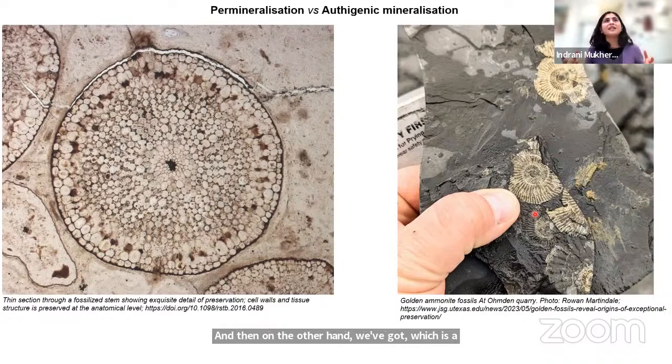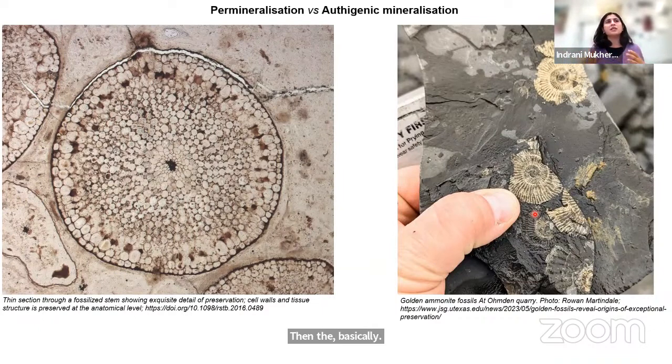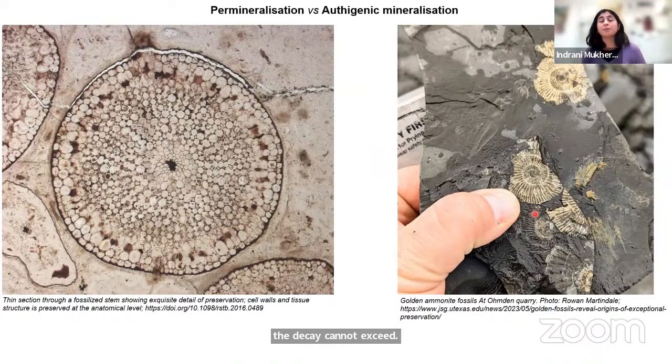And you might think decay is bad if something has to be preserved, but actually it's not. The decay rate has to be lower than the formation of the other minerals. The decay cannot exceed the precipitation of the minerals.